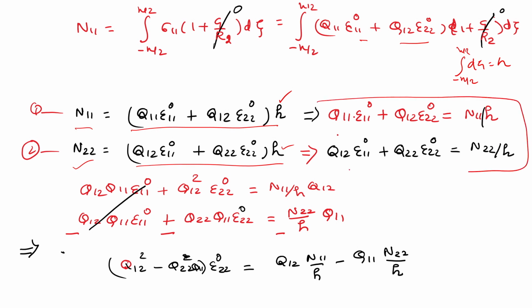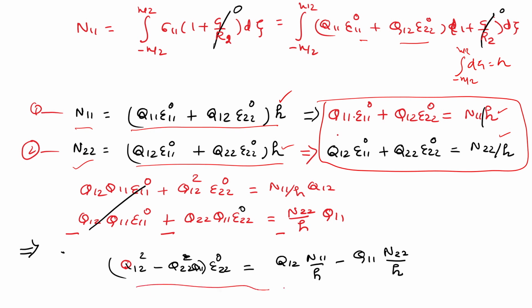From here, we can express the value of epsilon 11 or epsilon 22 in terms of N11 or N22 by h. So these are two simple equations. Just multiply this equation by Q12 and this equation by Q11, then subtract the second equation from the first.